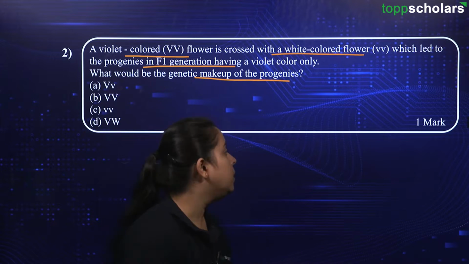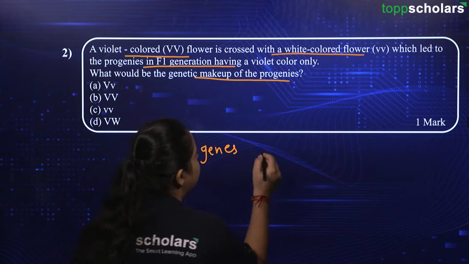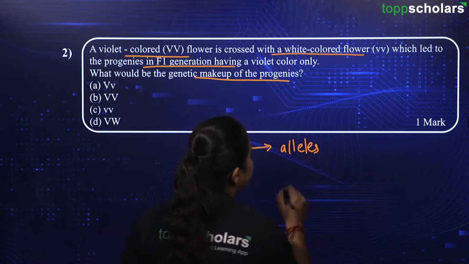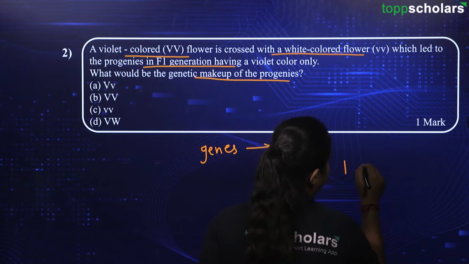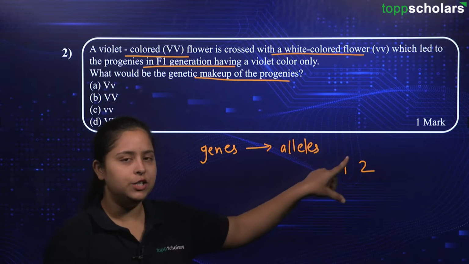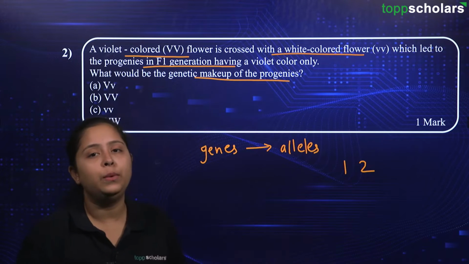We know that whenever we are trying to study genes, these genes may come in alternative forms which are called alleles. Say for example, I have one allele that is 1 and another allele that is 2. If the first allele is present in my individual plant, then the plant will be tall, and if 2 is present, then the plant will be dwarf.